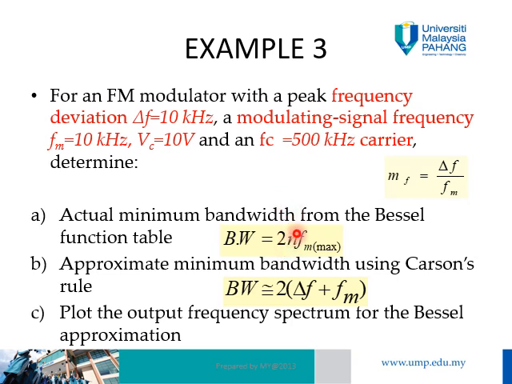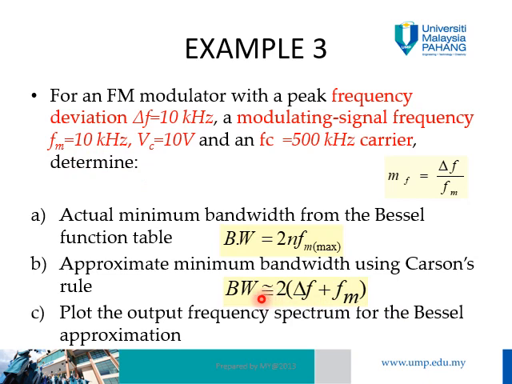So you get this value 2. The bandwidth is 2 multiplied by 3 multiplied by fm. Fm is 10 kHz, so 60 kHz. Approximate minimum bandwidth using Carson's rule. Carson's rule is 2 times delta F plus fm. Delta F is given as 10 kHz, and fm is also given as 10 kHz.